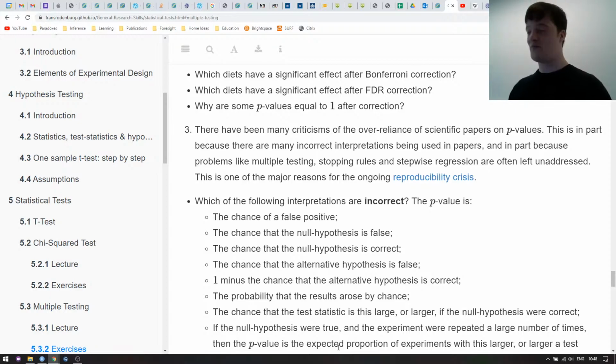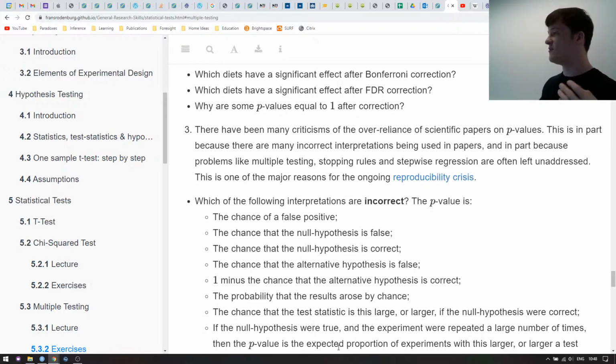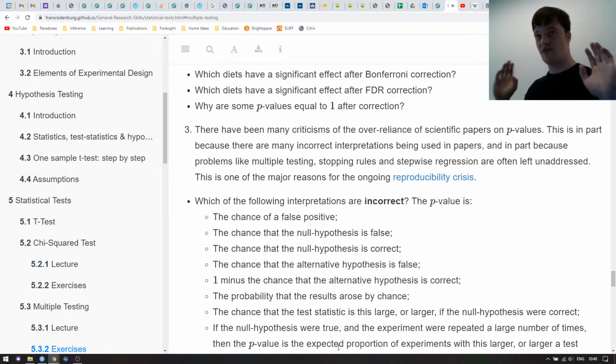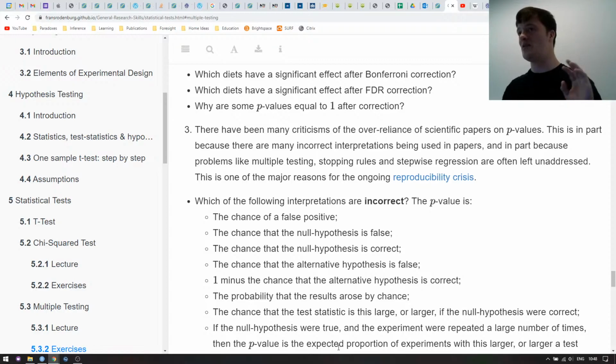So again, please study this well. Multiple testing correction is a really important subject. But what's at least as important is that you correctly understand what a p-value is and what a confidence interval is. If you know the interpretation of those, you can just learn them by heart and not really understand them, and then maybe 1 or 2 years later you start to understand. That's also fine.